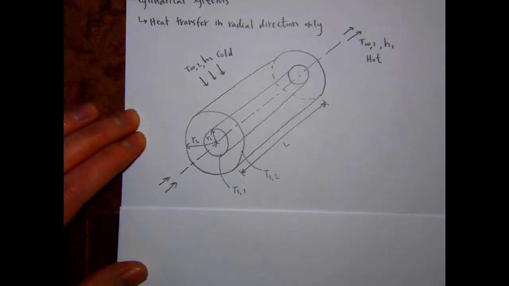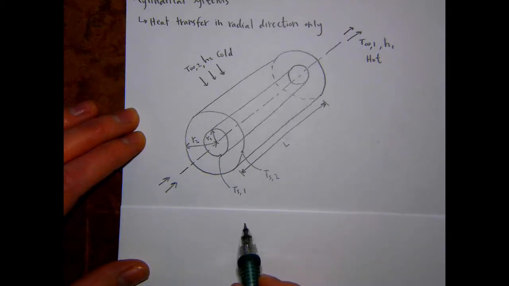So we want to do the same thing as before. We're going to show the overall heat transfer using the circuit analogy. But first, we're going to go back to what we did last week and in recitation. So remember, we did the derivation of the heat diffusion equation in cylindrical coordinates.